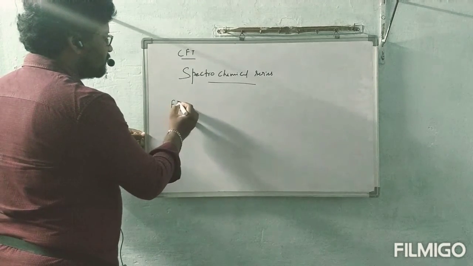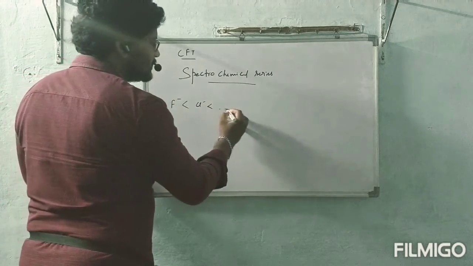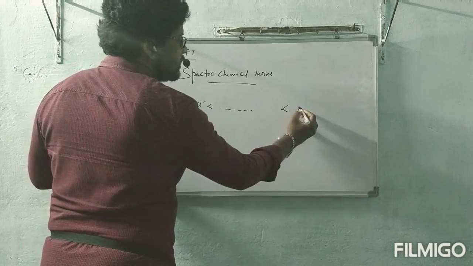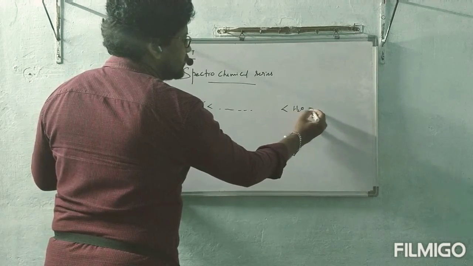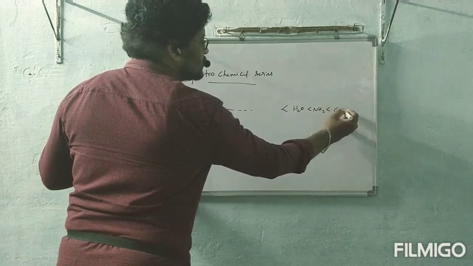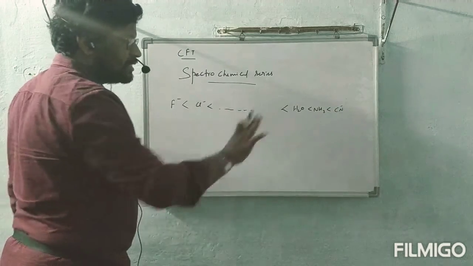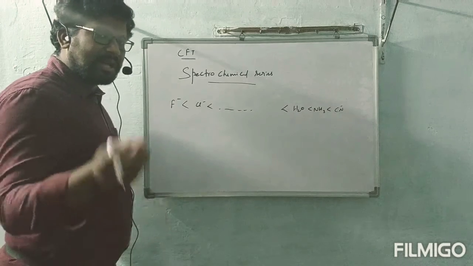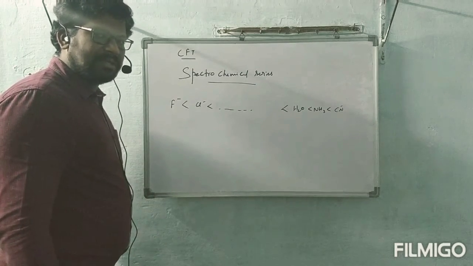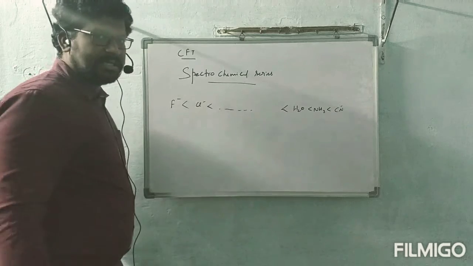For example, F minus is less than Cl minus, and so on, then water less than NH3, and so on. Some order is given in your textbook. I do not remember it exactly, but you can practice it two or three times and definitely remember it, no problem at all. This is the spectrochemical series.